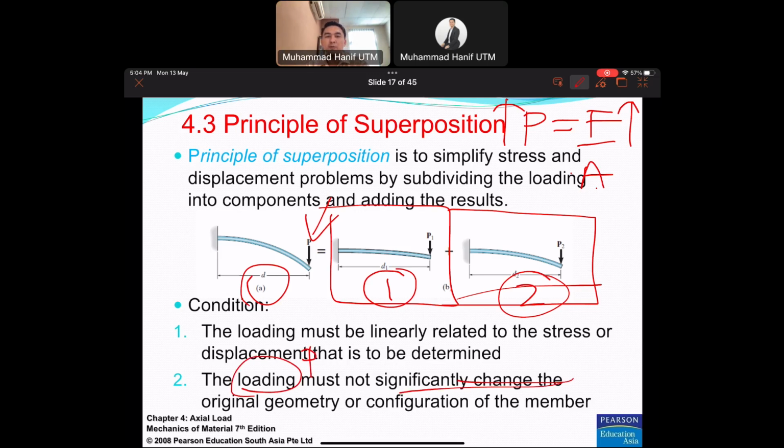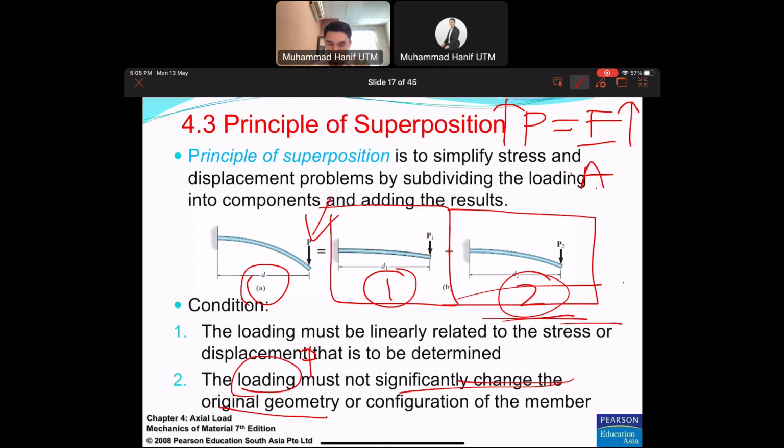The changes will happen, but not significantly high, and the original geometry will not be significantly changed. Okay, this is the principle of superposition. Later in the exercise, I will show you how to apply this principle to solve the problem. All right, so we move to the next one.